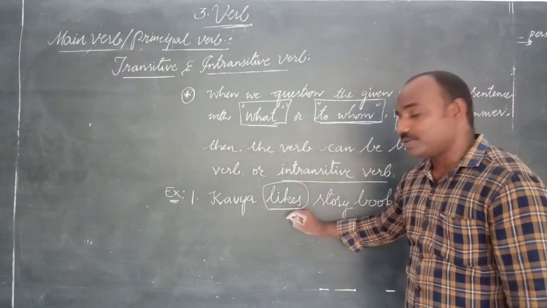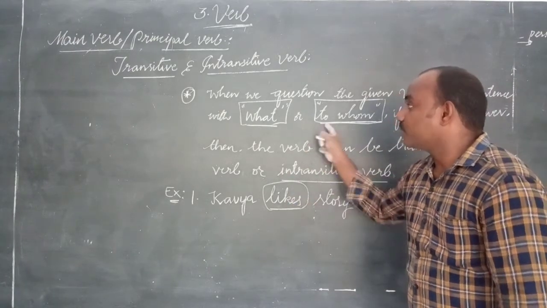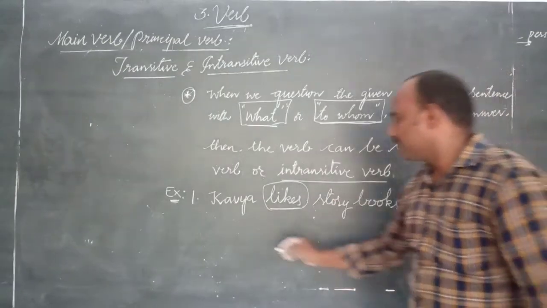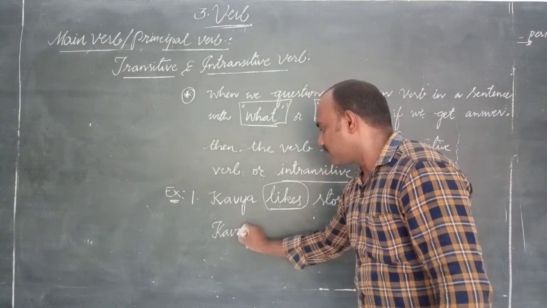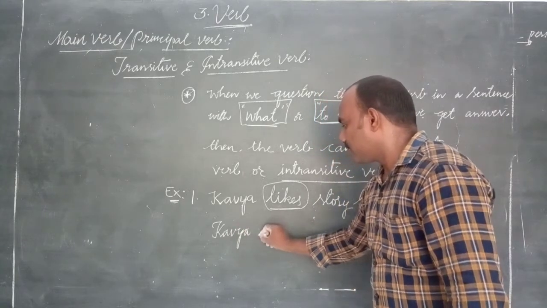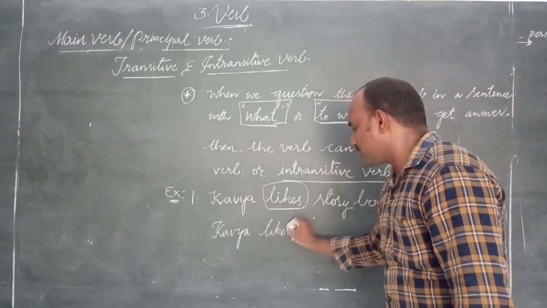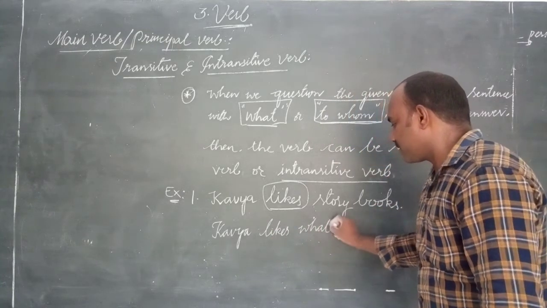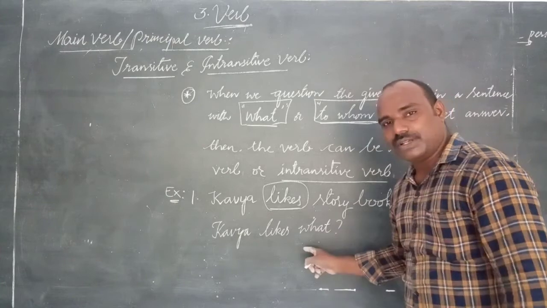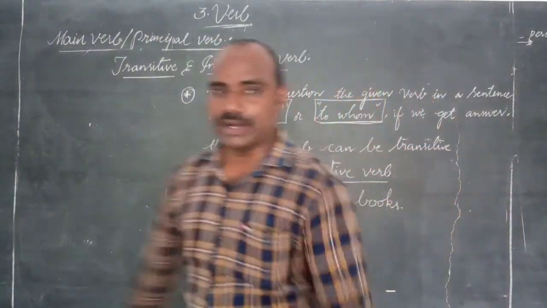This is the main verb, likes. You have to question this verb with these two words. First of all, you can question like this: Kavya likes what? You can question this way or the regular way also.